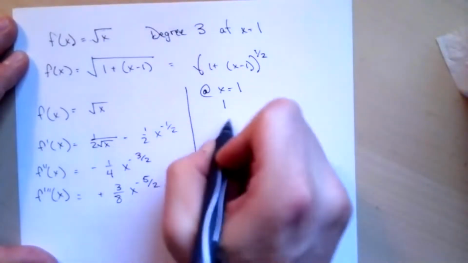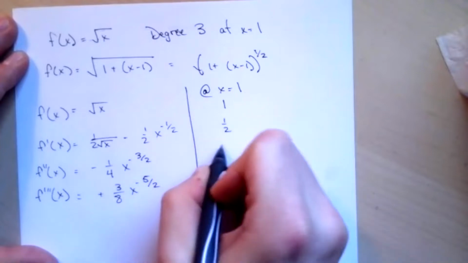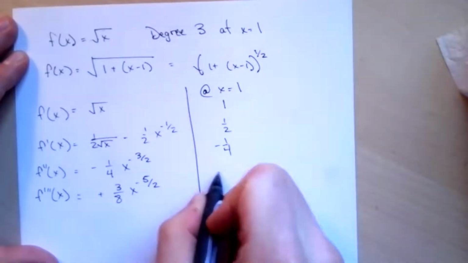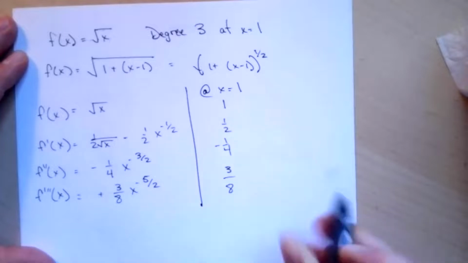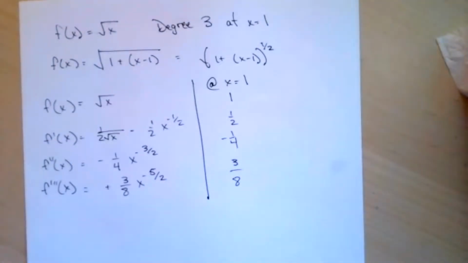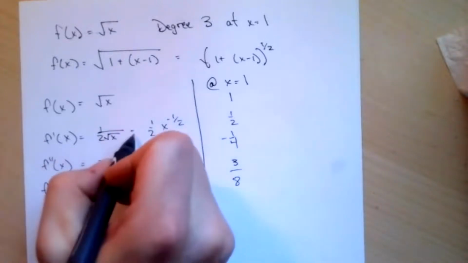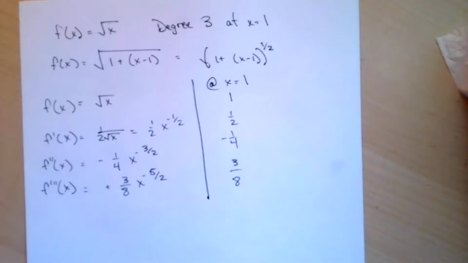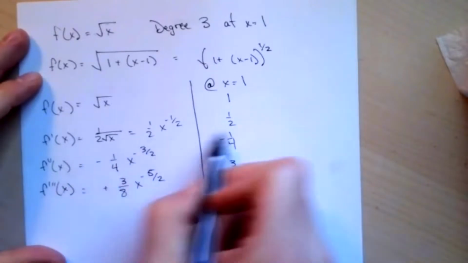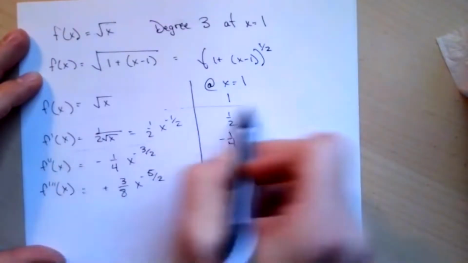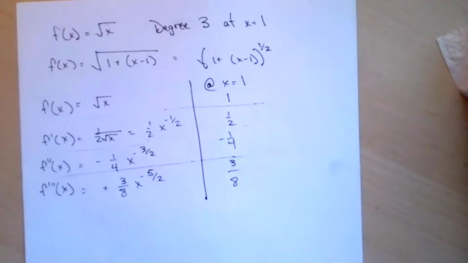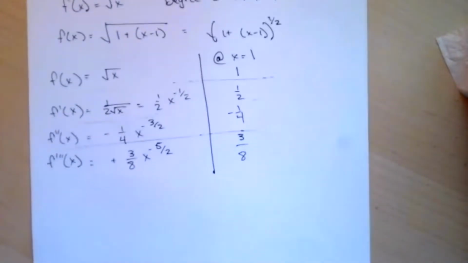So we'll get 1, 1/2, negative 1/4, and then positive 3/8. So maybe try to line those up when you're making a table or computations like this.